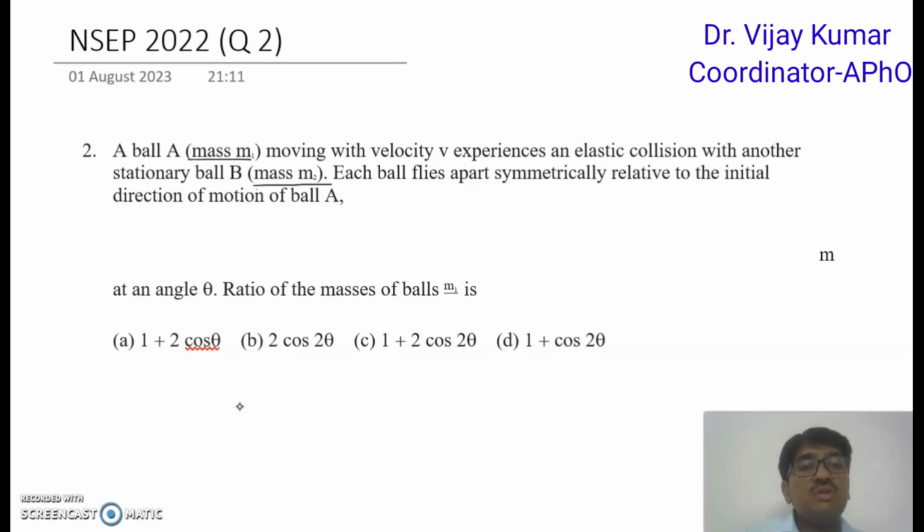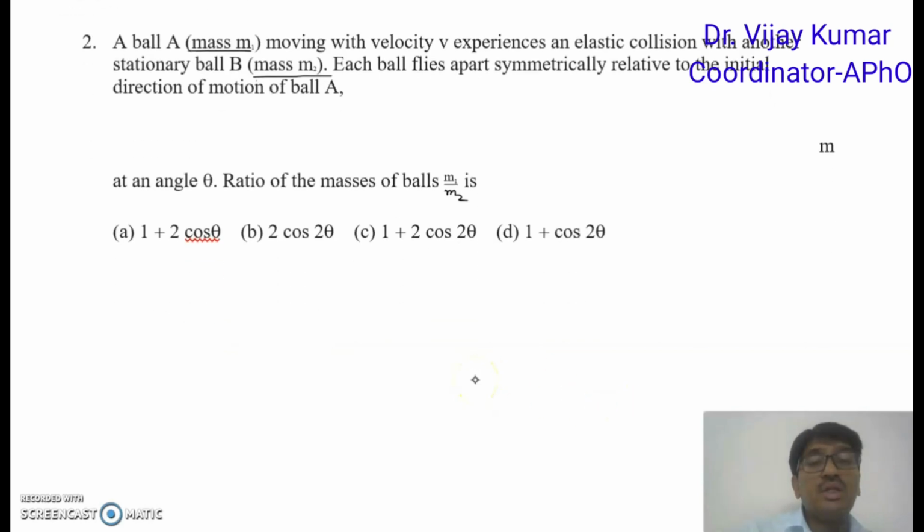Each ball flies apart symmetrically relative to the initial direction of motion of ball A, at an angle theta. We have to determine the ratio of masses m1 upon m2.